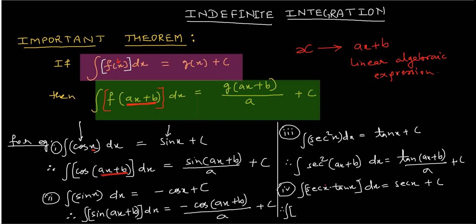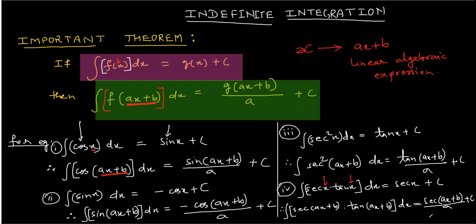The variable part is here, x. That x will be replaced by ax plus b. So integration of sec of ax plus b into tan of ax plus b dx is equal to sec of ax plus b the whole divided by a plus c. This is the integration of sec of ax plus b into tan of ax plus b.